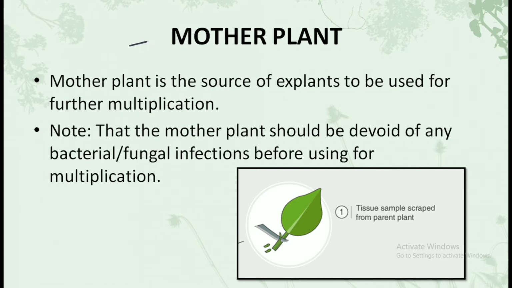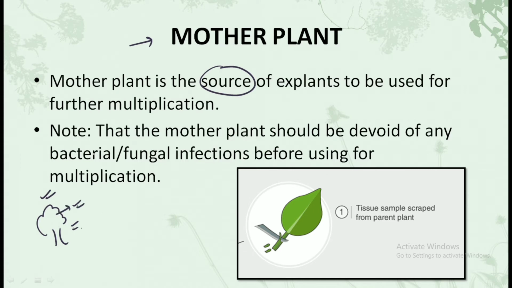The first one is, what is a mother plant? The plant that we are actually using as a source of the desired final product, that is, consider this is the tree or this is the plant that we are using for our plant tissue culture in order to get the desired characters of this particular plant. So this plant would be given the name of the mother plant.